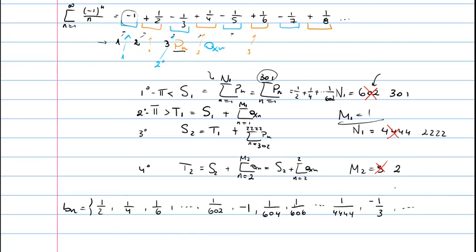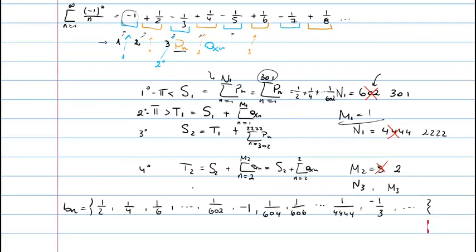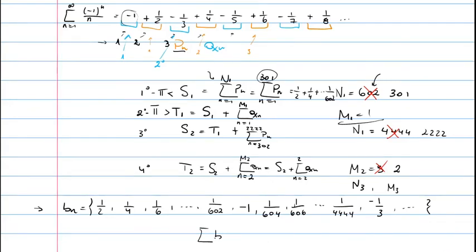And then again, a lot of positive numbers, we can calculate n3 and then m3. And this will be our sequence. And with this sequence, we have guaranteed that the series of v sub n will be equal to pi.